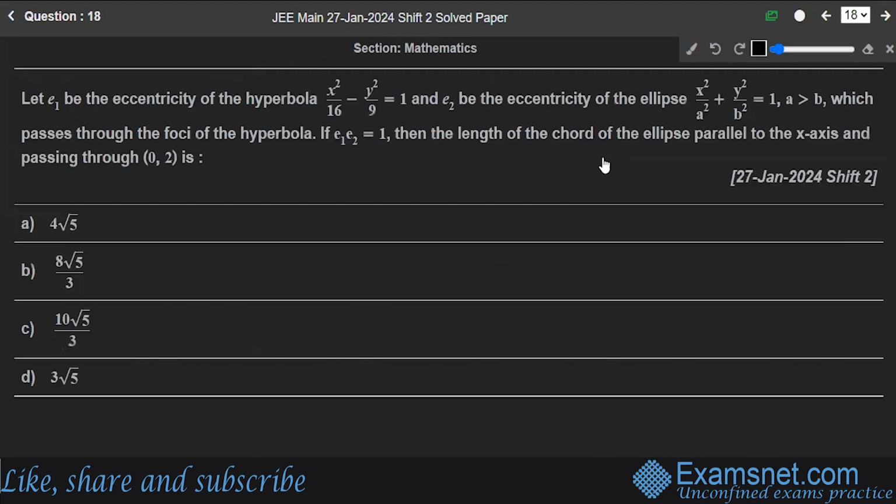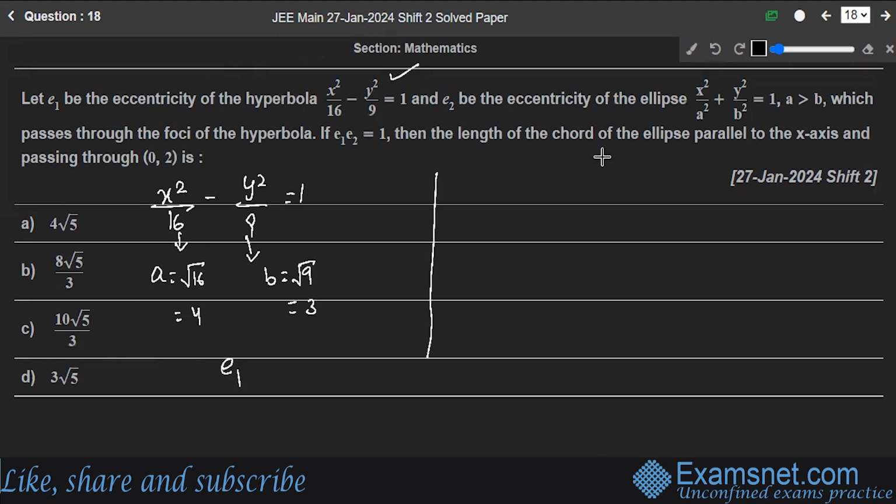Next is question number 18. Let E1 be the eccentricity of the given hyperbola, and E2 of the given ellipse. Let's write it first. Here you have a as 4, b is 3. This is having the eccentricity E1.